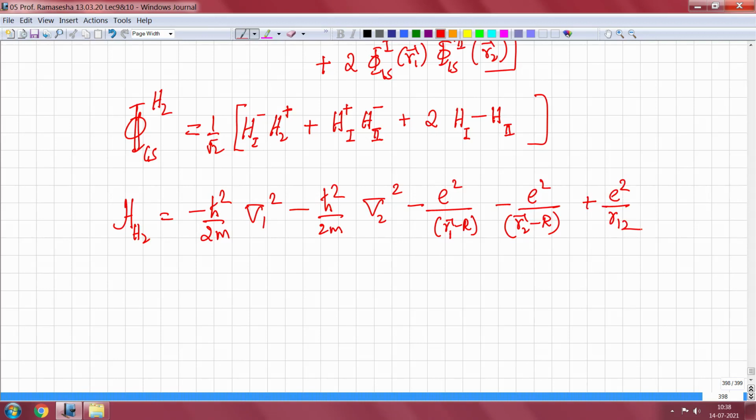So, here I have already made the Born-Oppenheimer approximation, but I have not made an approximation for the electron-electron repulsion, which is e squared upon R12. Now, let us see what is going to happen from here on, but we will study that in the next lecture. I will stop at this point for this talk, and I will continue from here in the next lecture.